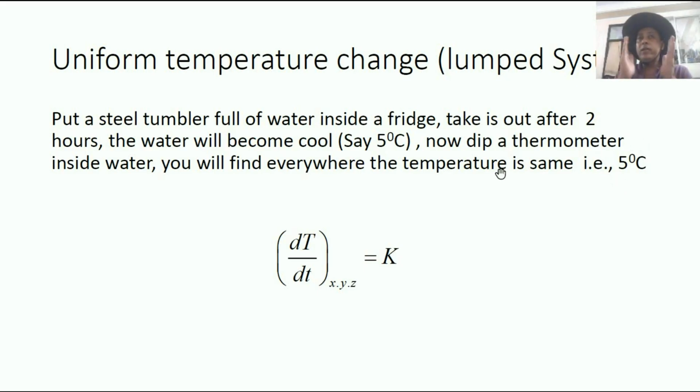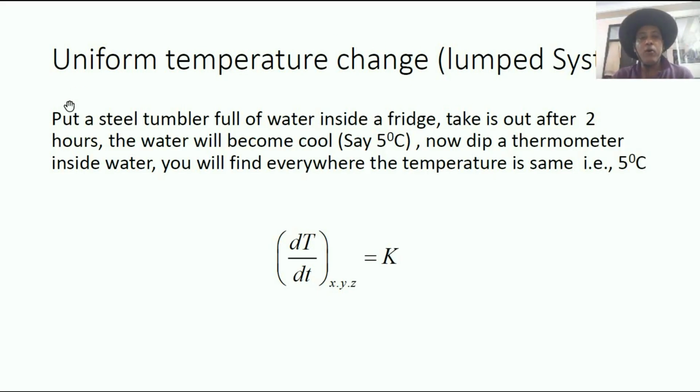It means the glass of water was cooling at the same rate at every point. It is not that at some point the temperature dropped to 10 degrees centigrade, at another point 8, and at some other point 2. The entire water cooled down at the same rate at all points.